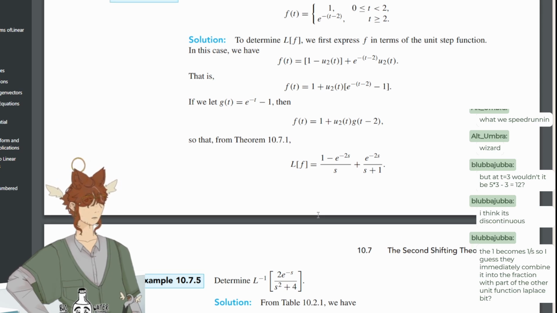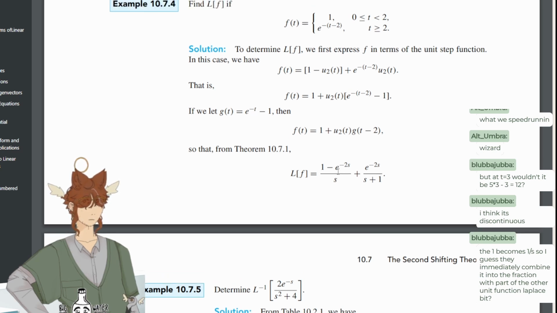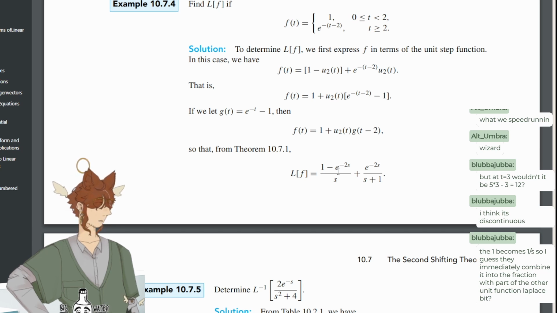When it comes 1 over s. But this is like... Oh, you're saying they get e to the negative 2s over s? Where's that coming from? If it was e to the negative 2s over s, we'd have to get... This is an awful way of notating it.